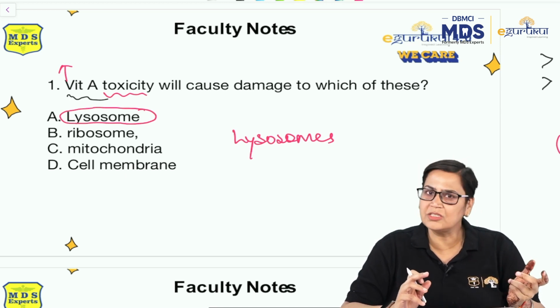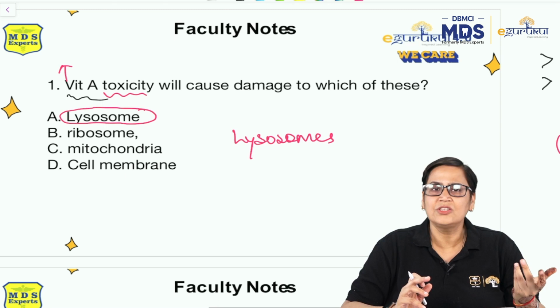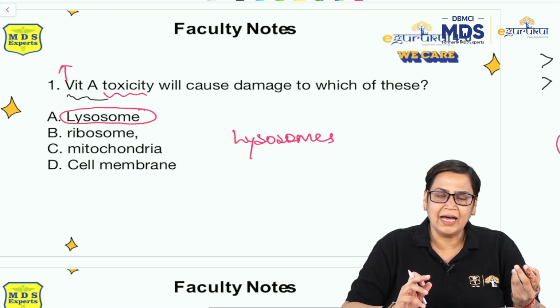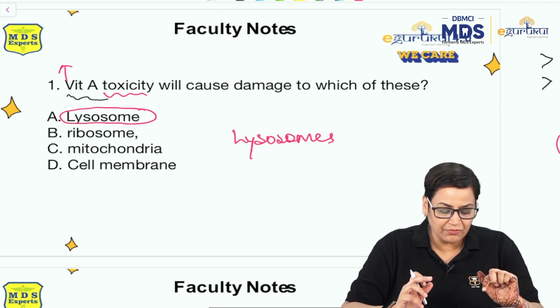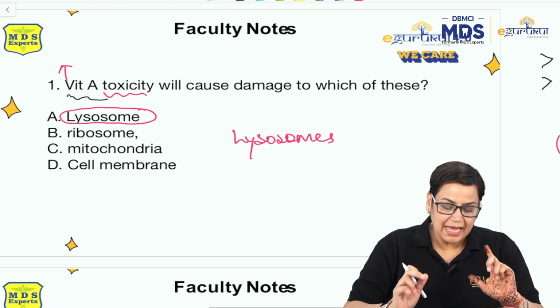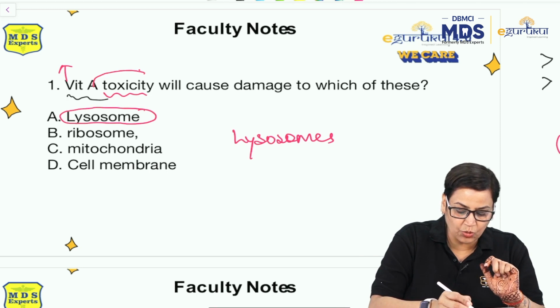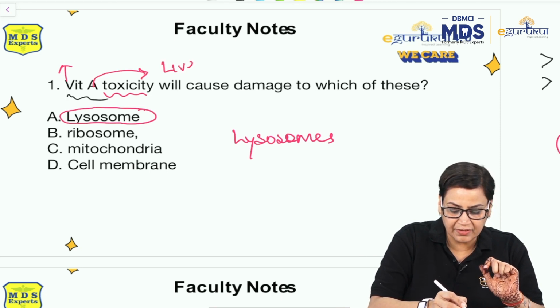And water soluble vitamins are soluble in water, so they are excreted in urine as such, except B12. Right? So vitamin A is stored in the liver.